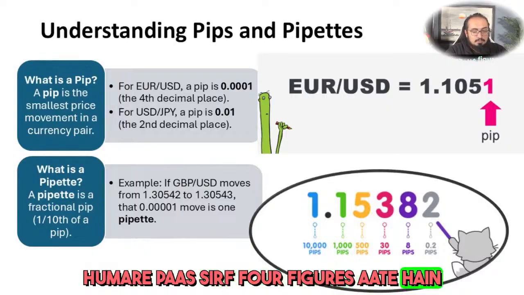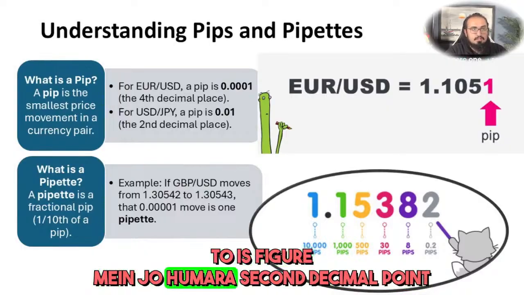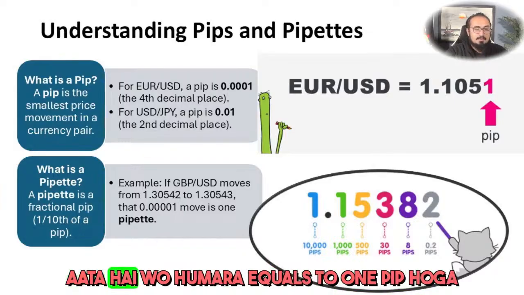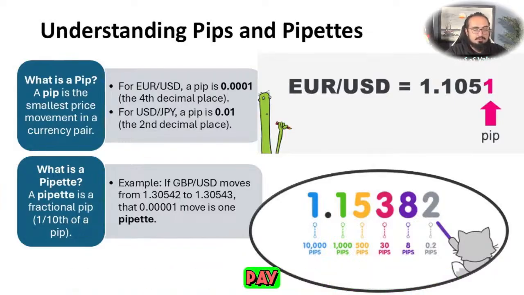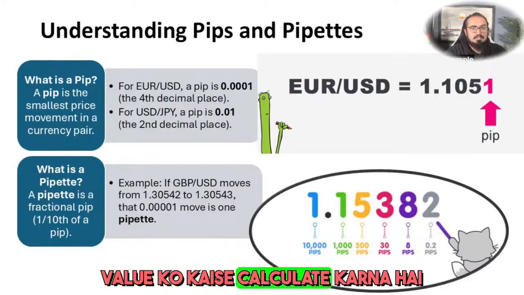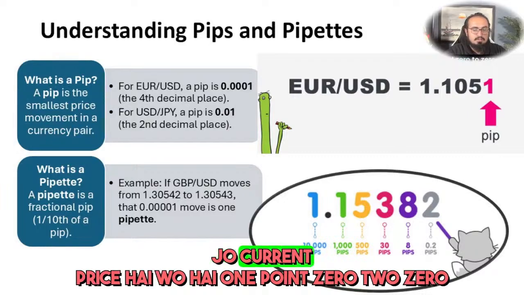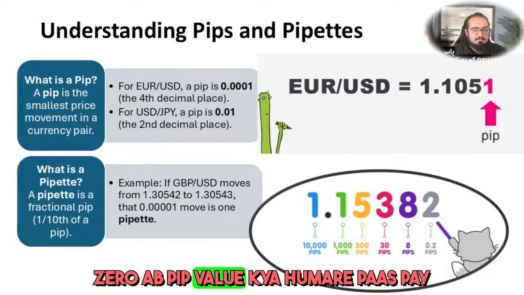For example, we have Euro USD, where the figure is 1.0521. Where will the pip be in that? The fifth figure will be after the decimal, like we would say the fourth decimal point. That will be equal to 1 pip.